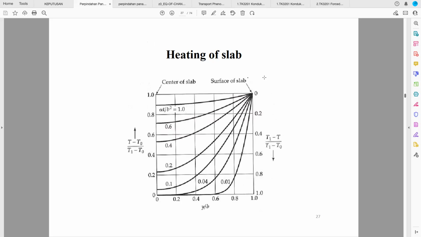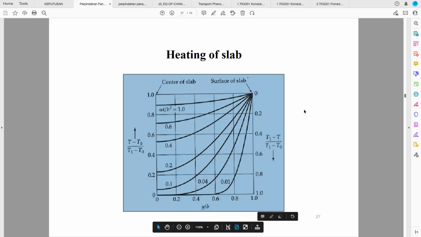So to find the profile, for example, if we want to heat a slab, which means like a block, a balok, and for example we know this is the center of the slab and this is the surface of the slab, and it has some temperature.